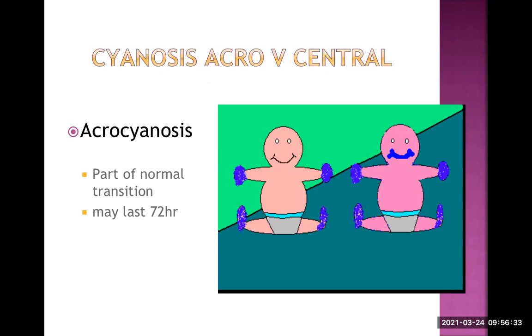It occurs because of vasoconstriction as a result of low temperature. The baby had a very soothing temperature before birth, but after birth a sudden drop in environmental temperature can lead to acrocyanosis. It may last up to 2 hours, sometimes, after the birth.